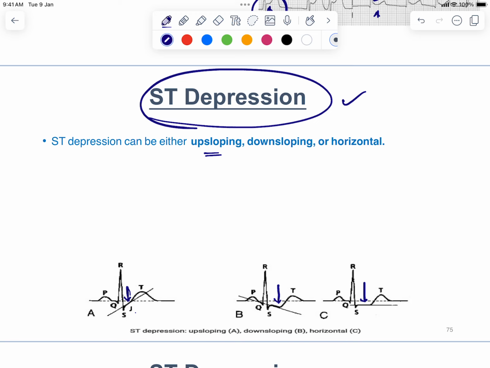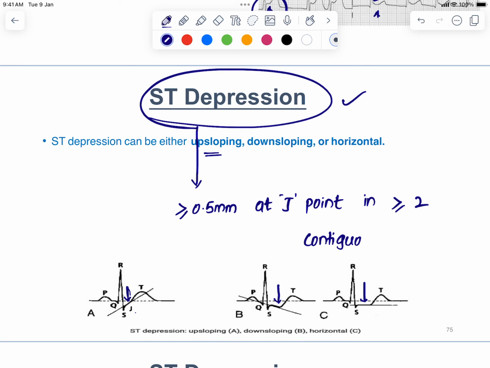All right, and if the ST segment depression is there for more than or equal to 0.5 mm at J point, in more than or equal to 2 contiguous leads, that indicates the presence of myocardial ischemia.